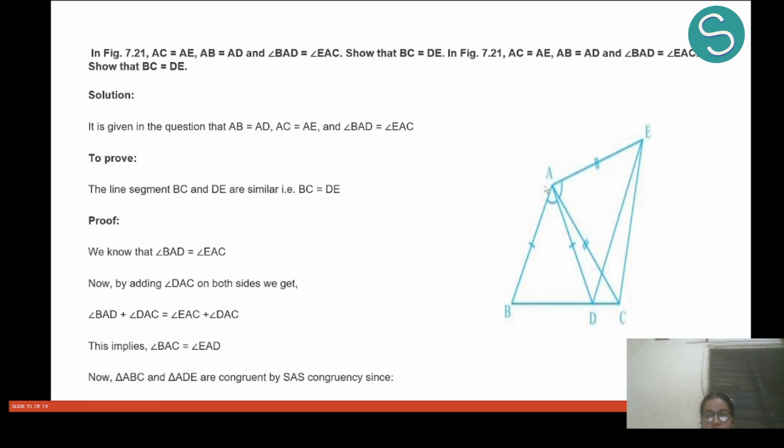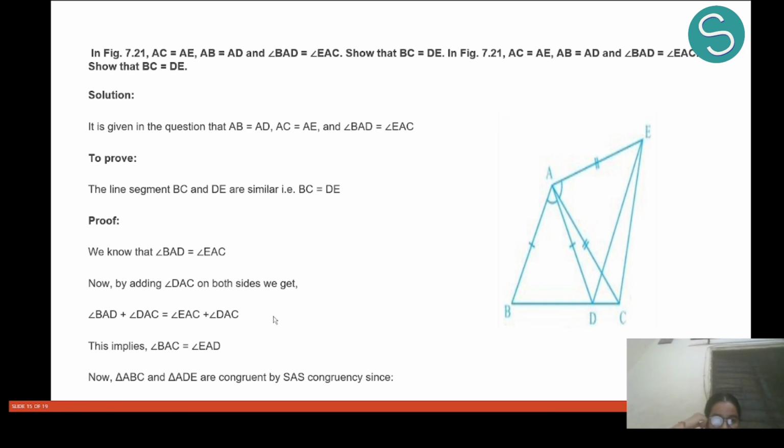So here it is given AC equals AE and AB equals AD, and this angle BAD equals angle EAC, right? So we have to prove that BC equals DE. So we will consider two triangles.